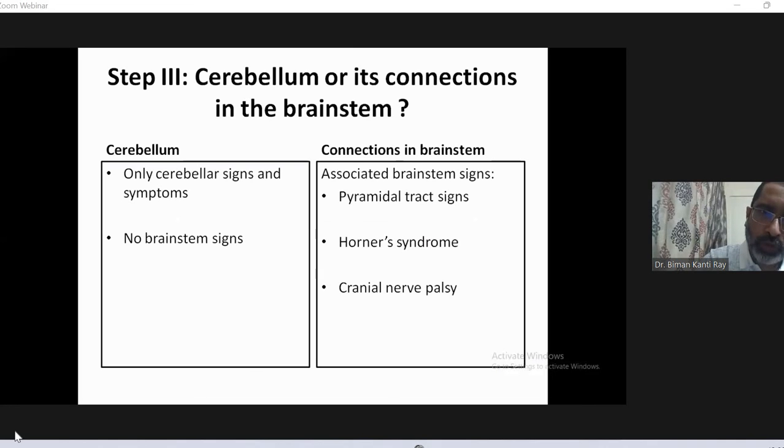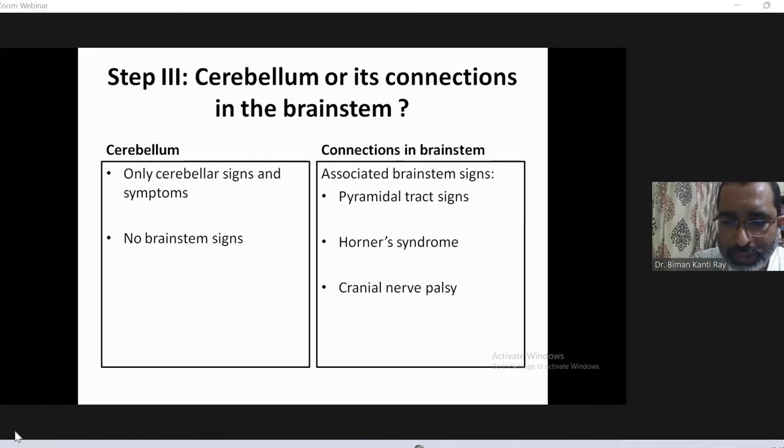Now, once you establish a patient has cerebellar ataxia, you go to the third step. Is it a problem in the cerebellum, or is it a problem in the connections of the cerebellum in the brainstem, where the same problems may occur?